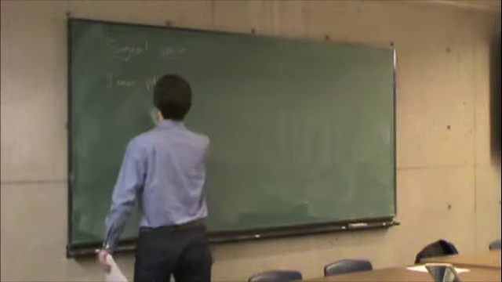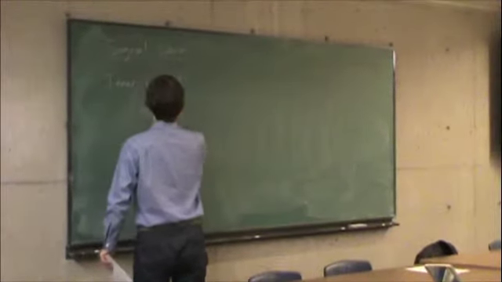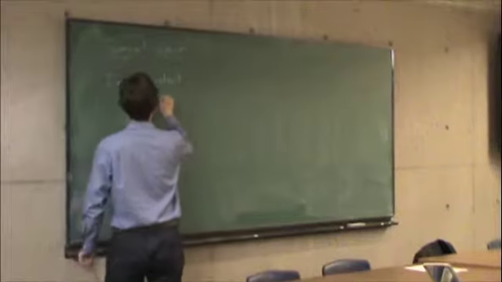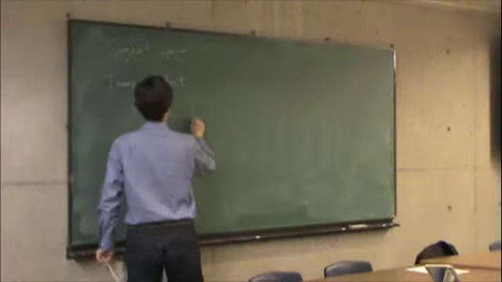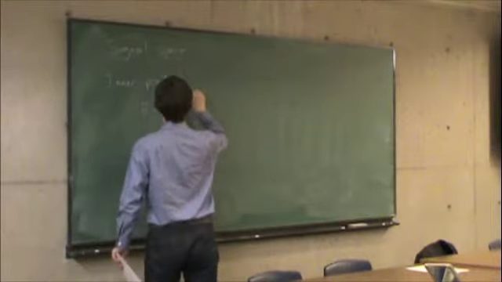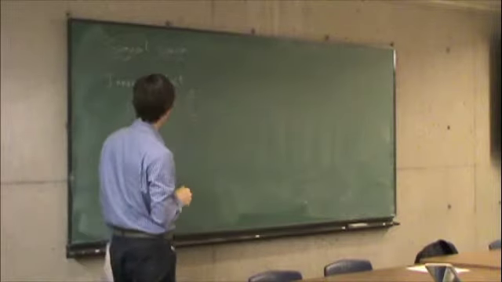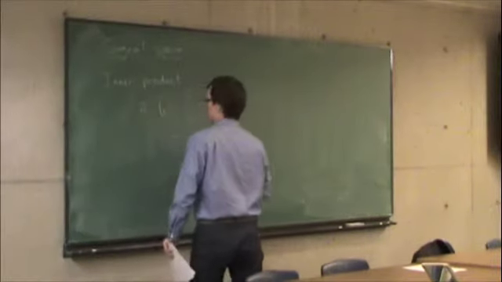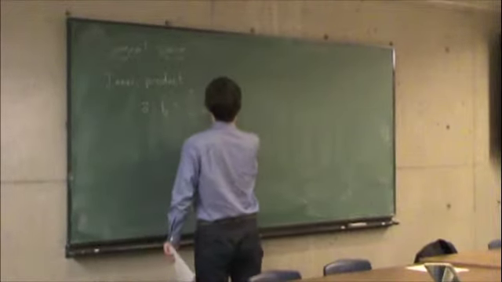If I have vectors A and B, then A dot B is the sum from i equals 1 to n, where n is the number of elements in both A and B, of A_i times B_i.